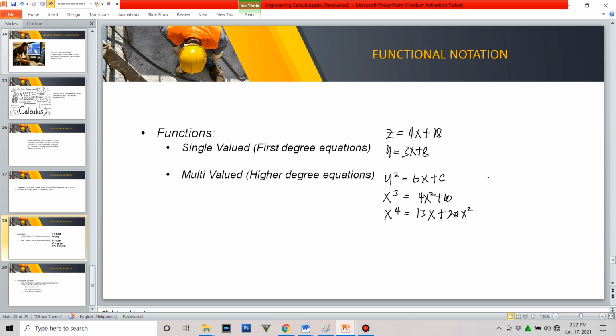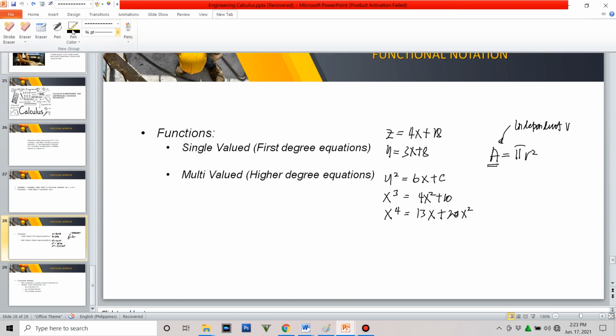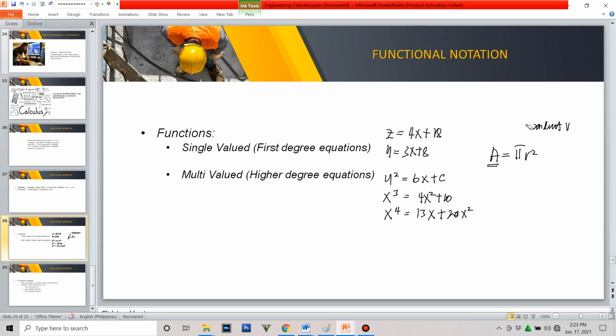So for dependent and independent variable, if we have a formula for an area, say area of a circle, this is pi r squared. A here is what we call the independent variable, sorry, should be dependent variable because it is dependent on the radius.